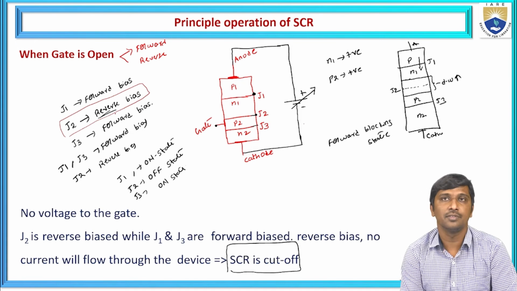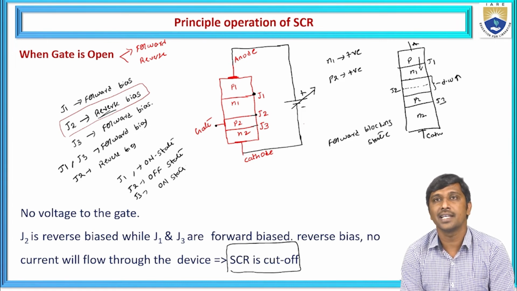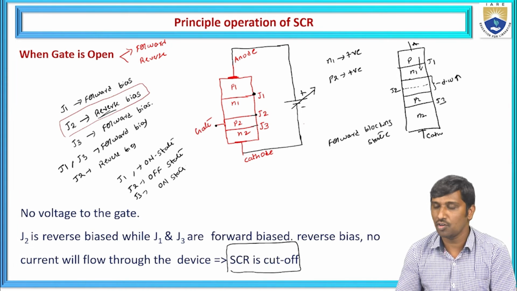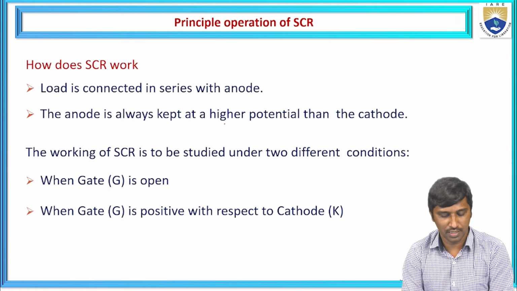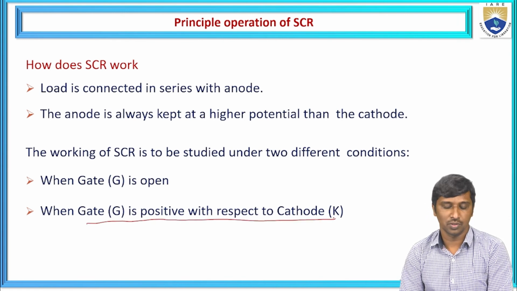To make J2 forward biased, we need to identify which type of biasing is applied between the gate and the cathode. If you observe this construction, the gate is connected across the P2 terminal. Hence, in operation we observe that the gate is positive with respect to the cathode.